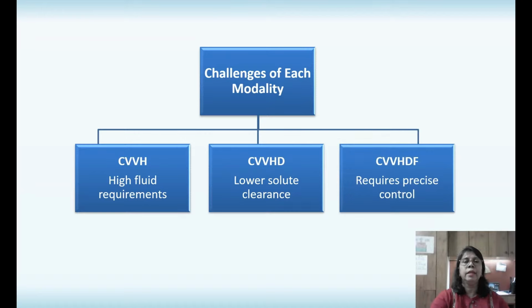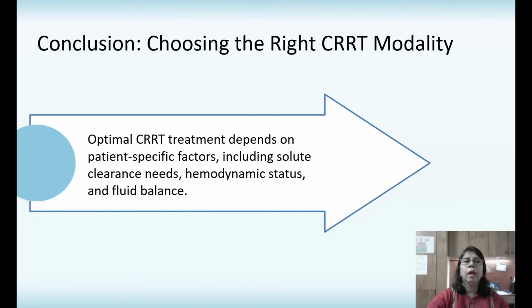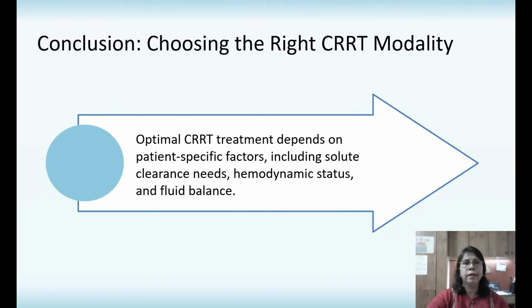And in CVVHDF, there is a very precise control which is required, and hourly fluid balance maintenance is a very important component of monitoring CVVHDF. The choice of CRRT modality depends on patient characteristics, that is the indication for which CRRT has been started, the hemodynamic stability of the patient, the hemoglobin levels of the patient or the status of anemia, and so many other factors.